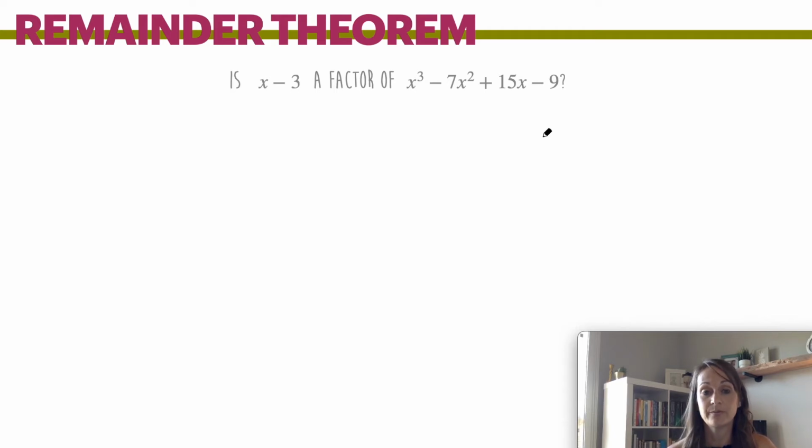There is a theorem called the remainder theorem that basically says if I want to know if an expression is a factor of a function, then I am looking for a remainder of 0. So I'm going to take my x minus 3, set it equal to 0, therefore x equals 3. So I'm going to plug that into my shelf. I have 1, -7, 15, -9.